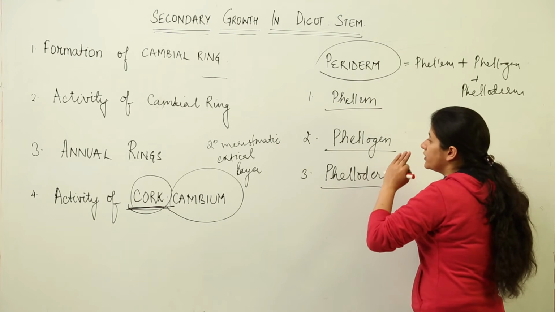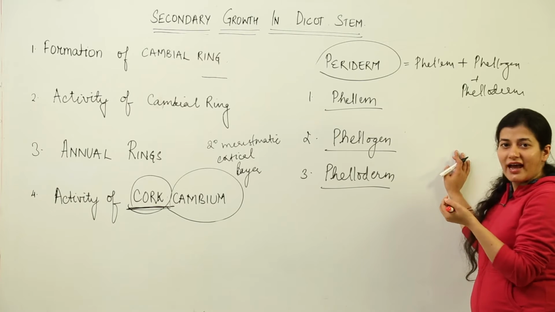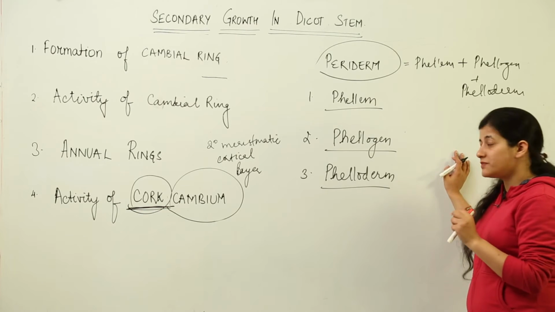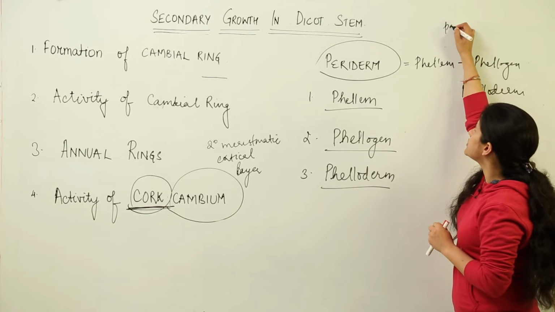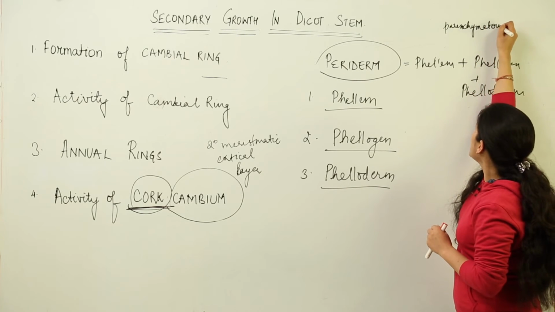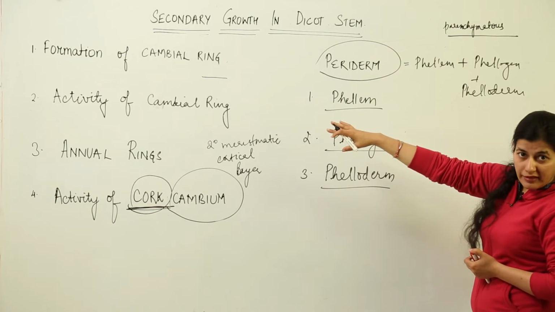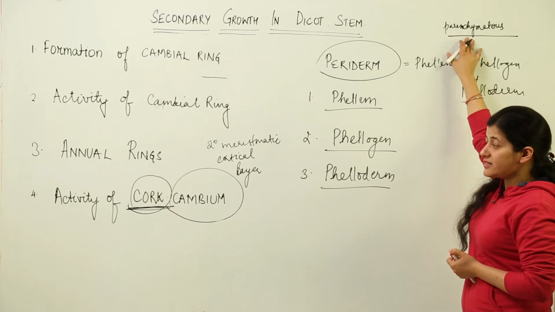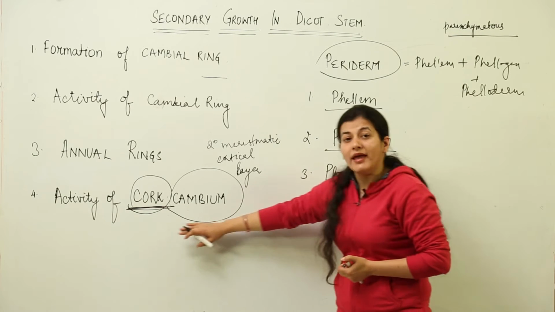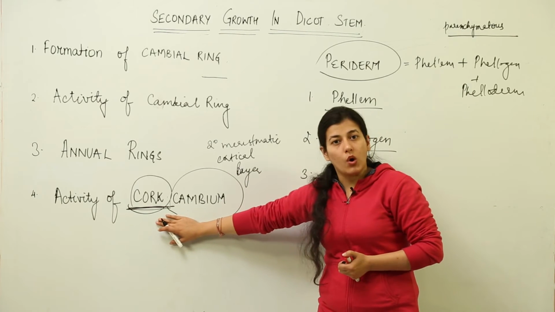Now try to recall your knowledge from the dicot stem's TS that we had drawn. It had many layers of cortex, and what were the cortical layers made up of? They were made up of parenchymatous tissue. That means in order to accommodate whatever is happening due to the activity of the primary cambium, parenchymatous cells of the cortex have to become meristematic and form another cambium within the cortical layers known as cork cambium.